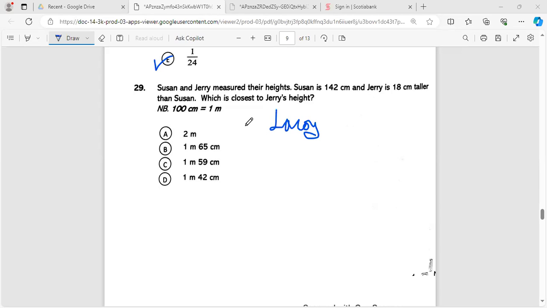So 142 plus 18 centimeters is 160 centimeters, but it says which is closest to Jerry's height. And note briefly, 100 centimeters equals 1 meter. So they want their answer in meters. So 160 centimeters to meters would be 1.6, as you're dividing it by 100.